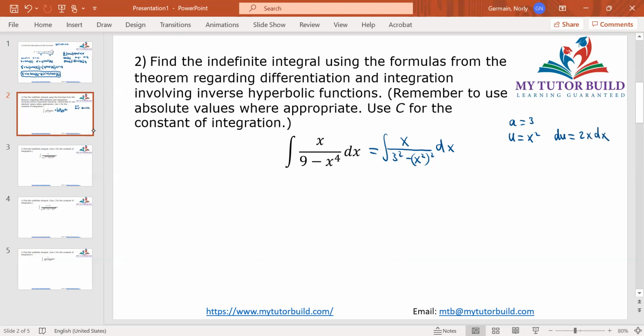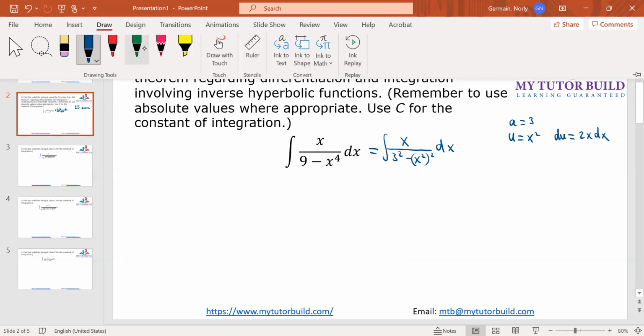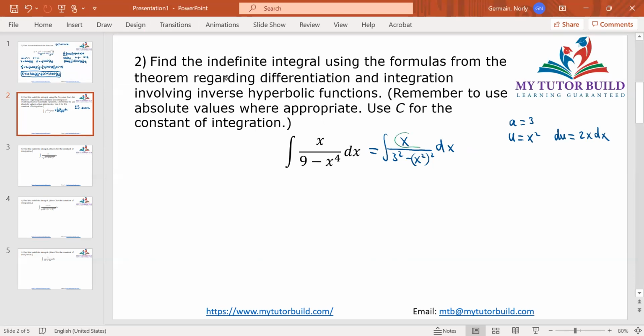Because we already have x dx in this part, we can replace it. Multiplying both sides by 1/2, we have 1/2 du equal to x dx. Now, we have one term that replaces a, one that replaces u, and one that replaces x dx, which is 1/2 of du.